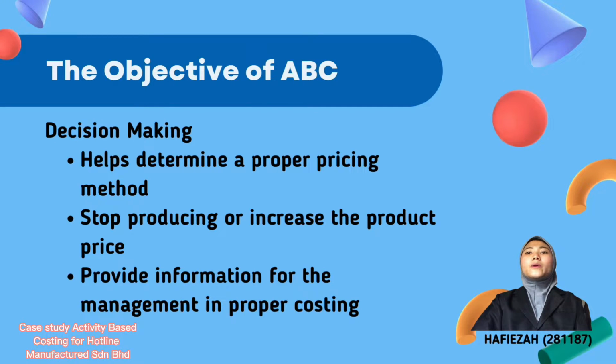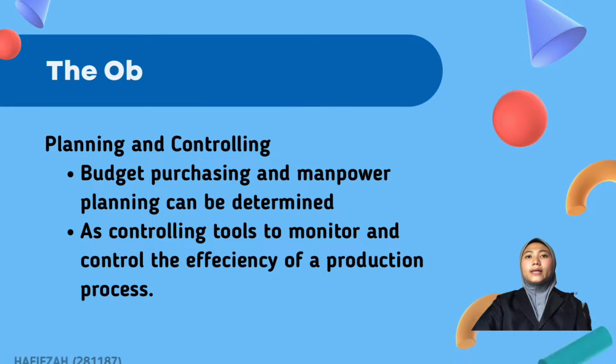Hence, proper pricing is vital for a manufacturer to sustain its existence in the industry. Ultimately, proper costing is vital as it provides information for management to make decisions on the pricing of a product.